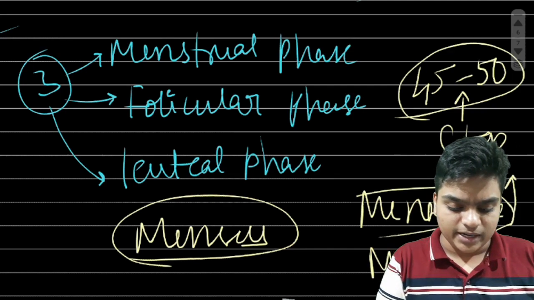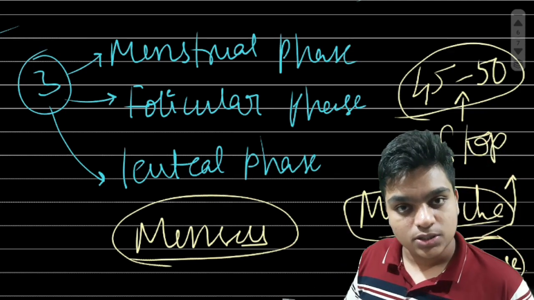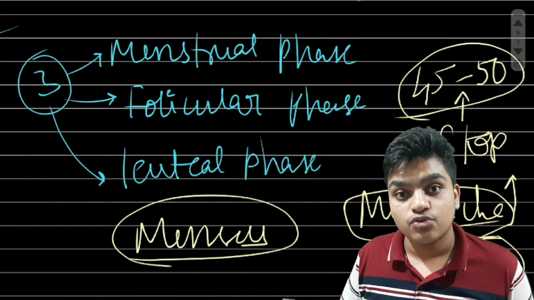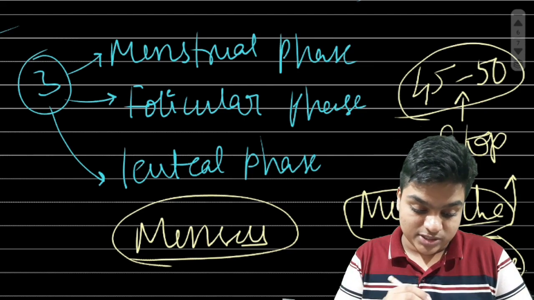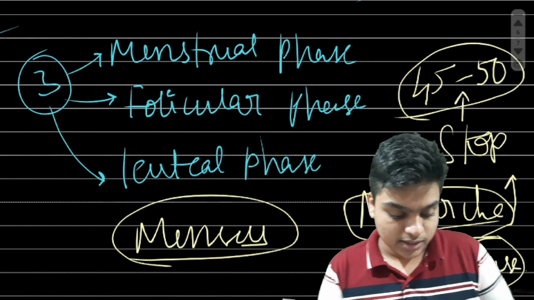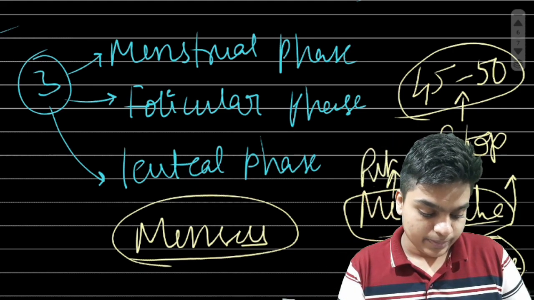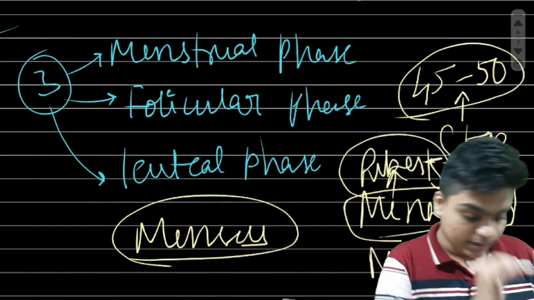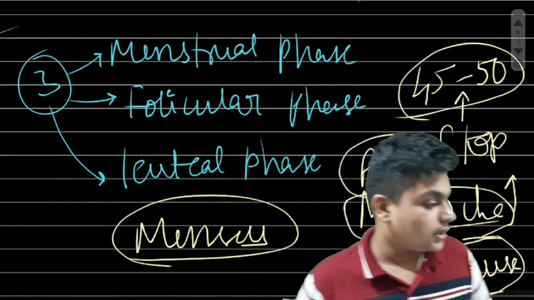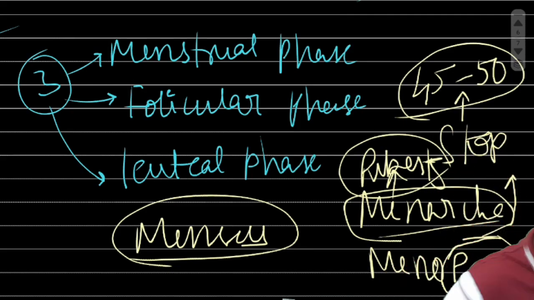Now let us see about menarche. Menarche is just the opposite. It is the start of the menstrual cycle, and this menarche starts at puberty or teenage. Okay, clear?